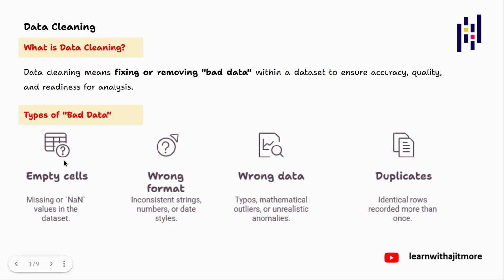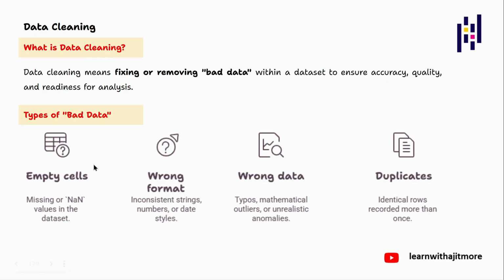That is removing empty cells, cells which you have left blank; then wrong format, where we want one thing but something else is there, like a date is expected but a number is stored, or the date should be in some format but you have given another format; then wrong data; and then duplicates. So all these four things I told you last time.